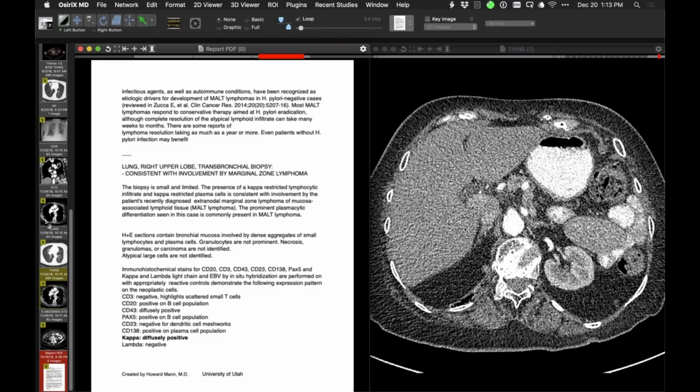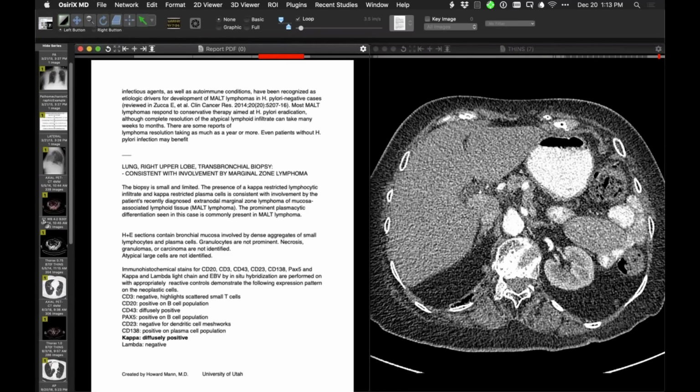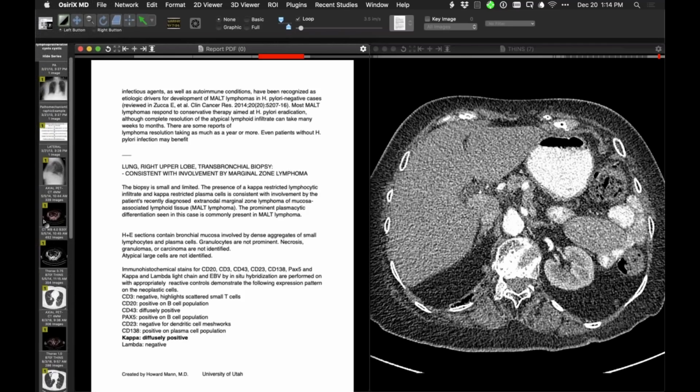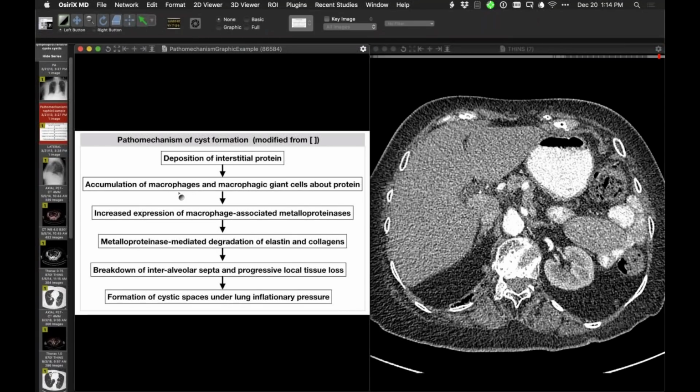So this is a terrific example of the evolution of a marginal zone lymphoma over time, and a nice demonstration of this phenomenon where you have deposition of protein, and the culmination of it is the formation of cystic spaces as matrix metalloproteinases are responsible for degradation of extracellular matrix.